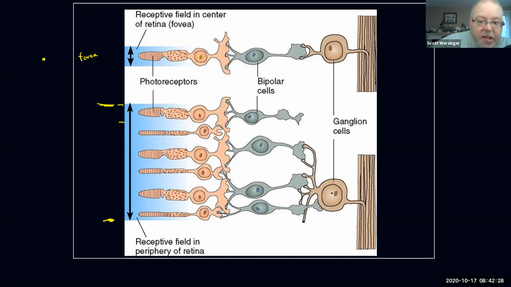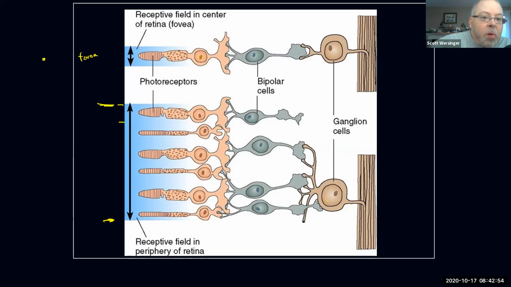So if this ganglion cell right here fires, where's the light? It could be here, it could be here, it could be here, it could be anywhere in here. We don't have a real precise location for it. That's different than up here, right? If this ganglion cell fires, we know within a small space where that point of light is.